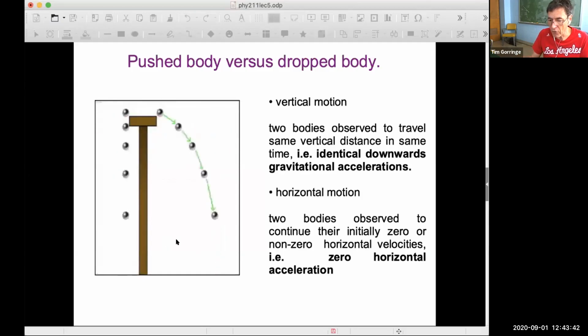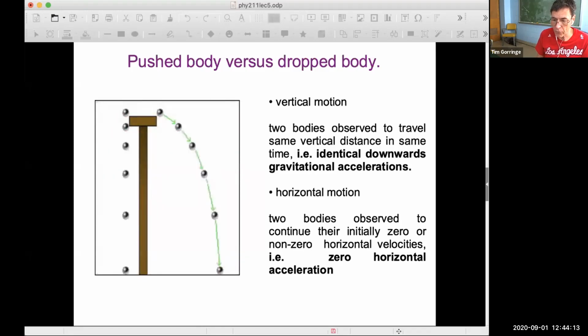The other thing we can say is something about the horizontal motion. The key thing about the horizontal motion is that during the fall downwards from the platform to the floor, the two spheres, both the dropped one and the thrown one, continue to move horizontally with whatever their initial horizontal velocity was.